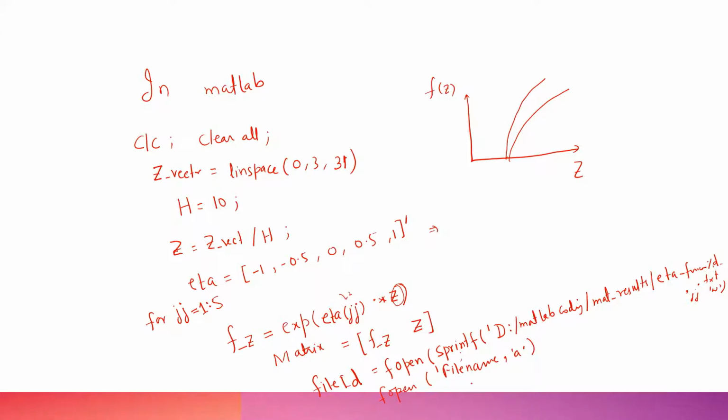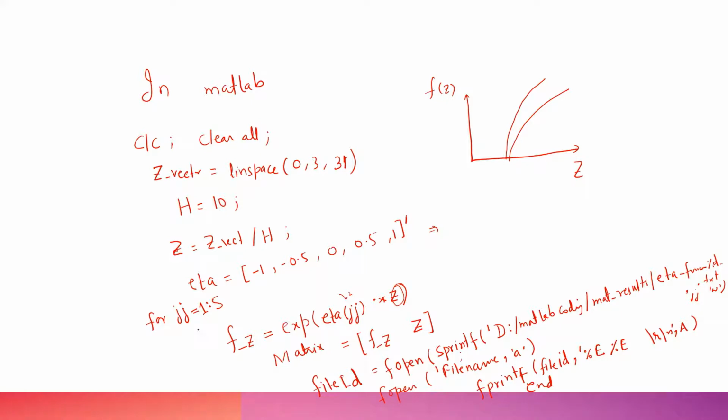Then we will write fprintf with the file ID, then %e, then m comma a, then end. So what have we written here?